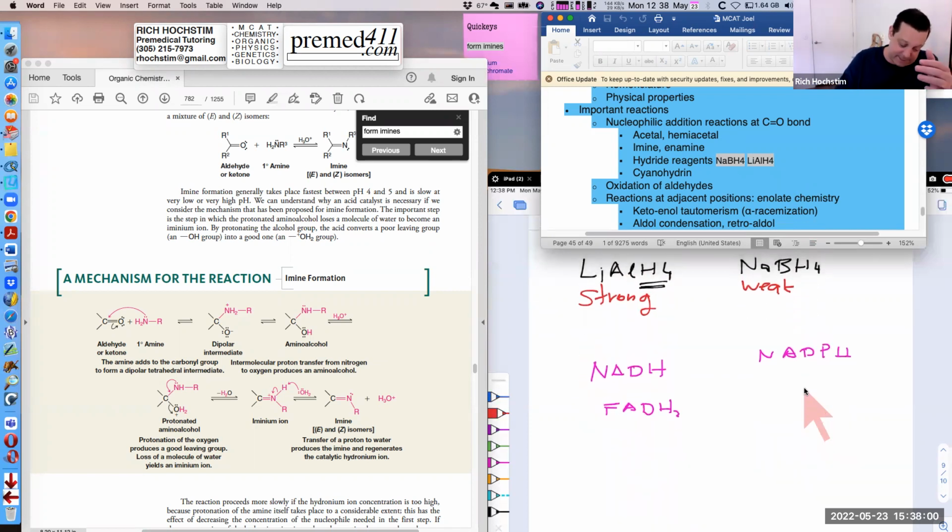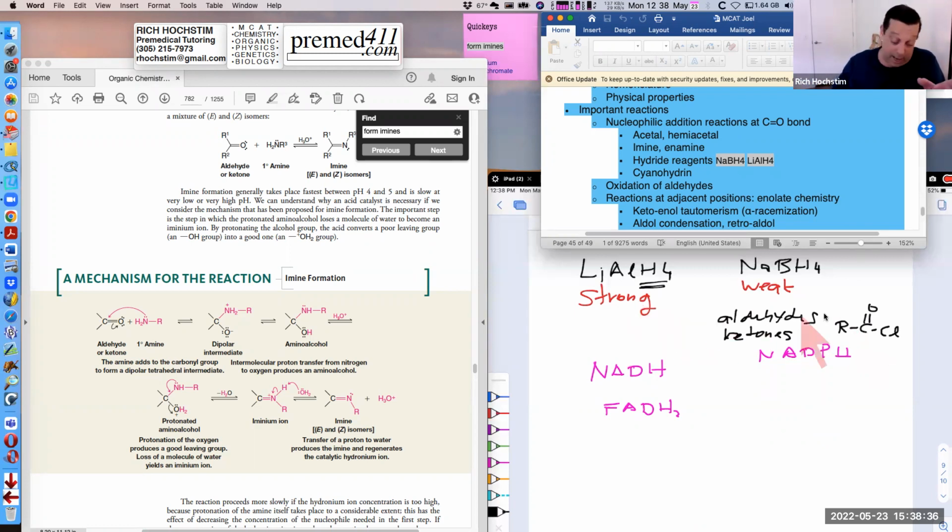Now, what happens is, if you are a weak reducing agent, you basically can only reduce a very limited quantity of things. And those things would be aldehydes, ketones, and the strongest reacting carboxylic acid derivative, acid chlorides. So sodium borohydride does not react except with aldehydes, ketones, and these guys here, okay, acid chlorides.